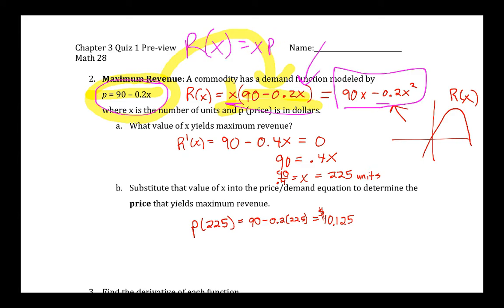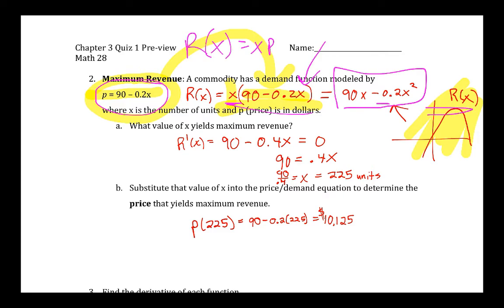Okay, so next thing, let's go ahead and simplify what we have: 90x minus 0.2x squared. If I graph it, it has the look of this thing over here on the right-hand side. So this is my revenue function graphed. What I want to know is where the peak of that occurs.